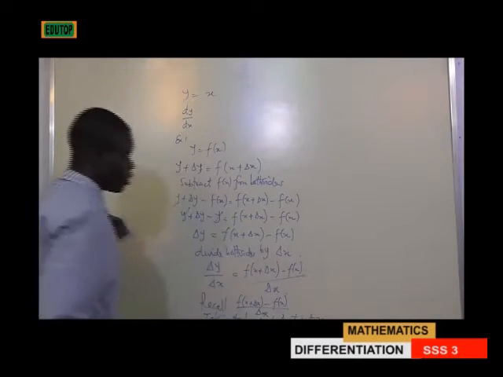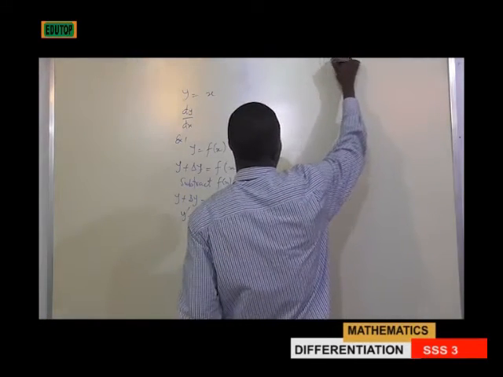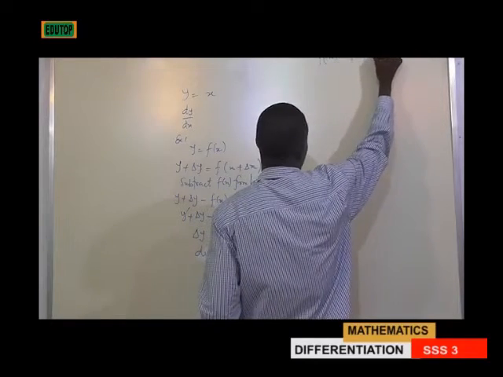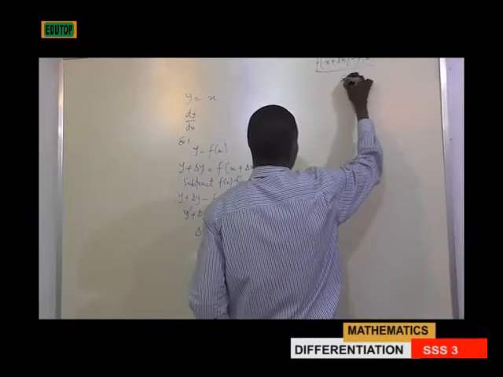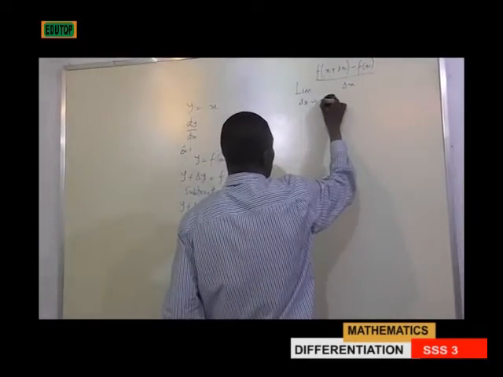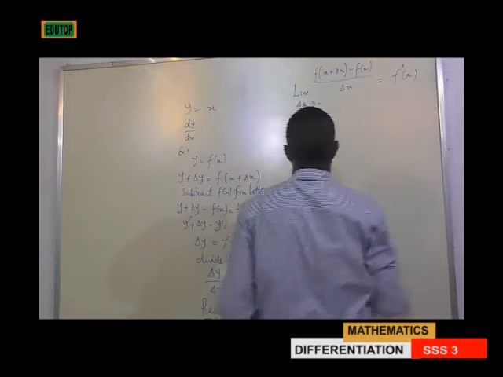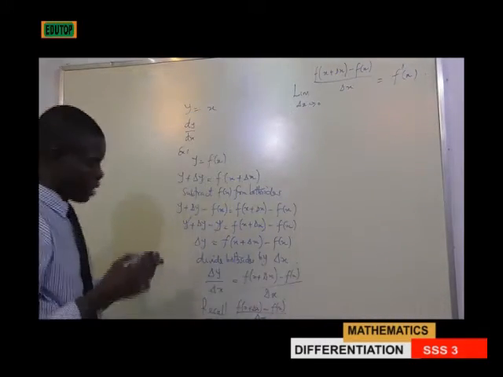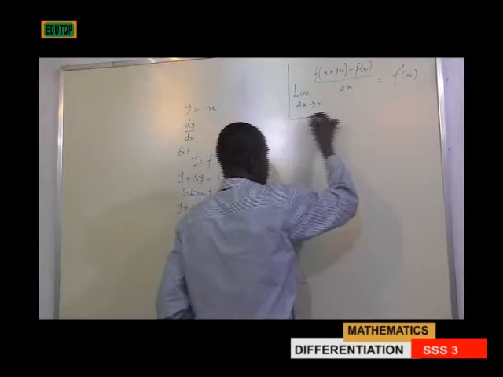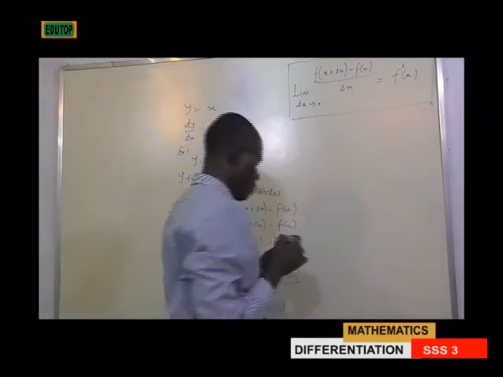What that means is that we have f of x plus change in x minus f of x over change in x, and you are taking the limit as change in x tends to 0. This one becomes f prime of x, and this is an important identity in differentiation.